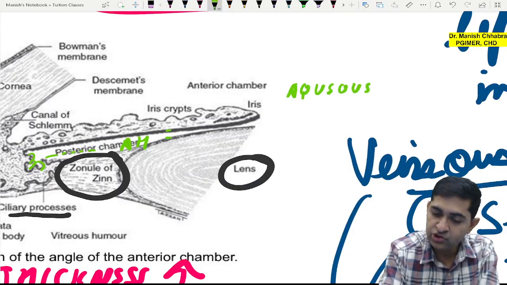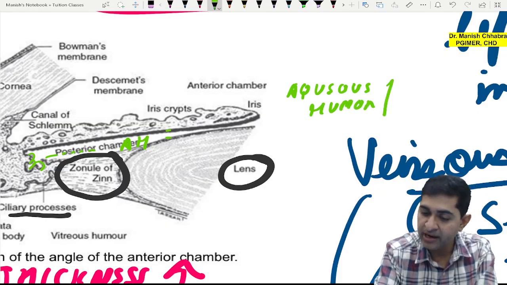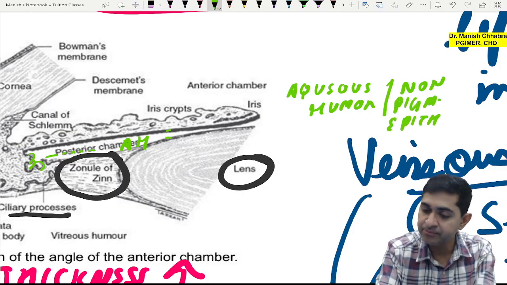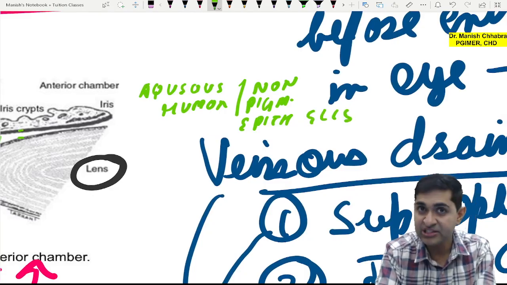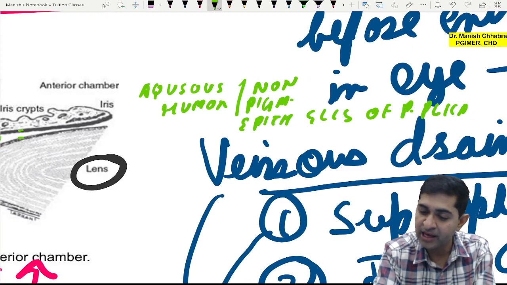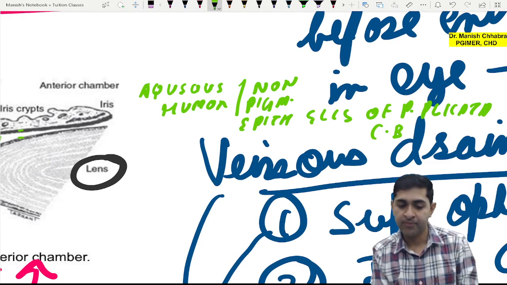Aqueous humor is produced by non-pigmented epithelium cells of pars plicata of CB, meaning ciliary body.